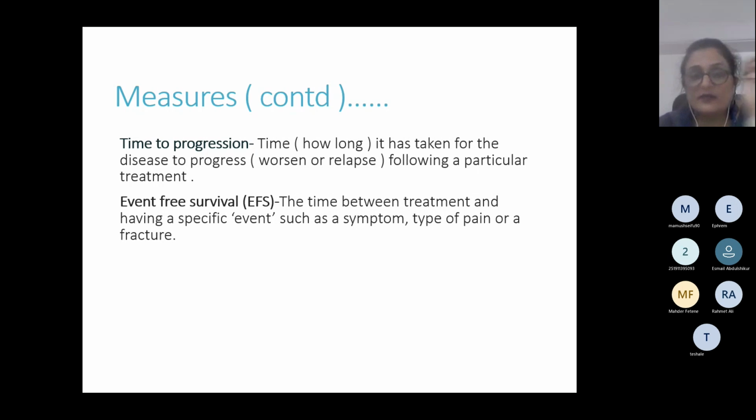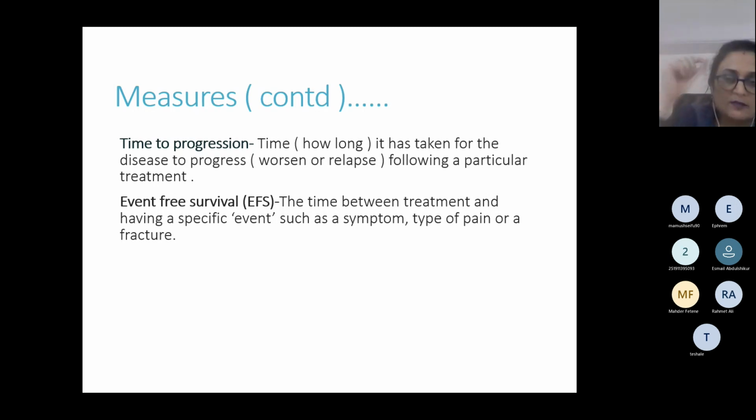What is event-free survival? The time between treatment and having a specific event, such as a symptom, a type of pain or a fracture, is called event-free survival. By event we mean a symptom that comes back, a pain or a fracture, or, for example, the blood counts go very high.